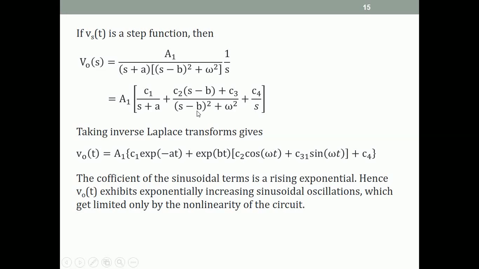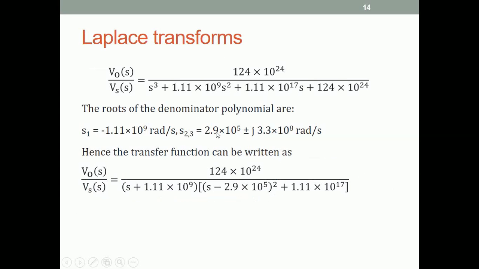Why is this s minus b? Because this is a positive real part. Why is this positive? This is directly related to the phase margin being negative. Alright, there is a direct correlation between the phase margin being negative and this root having a positive real part.